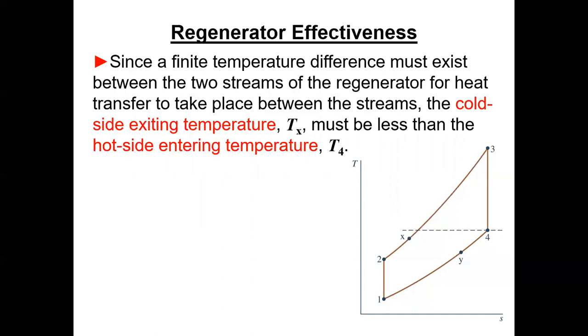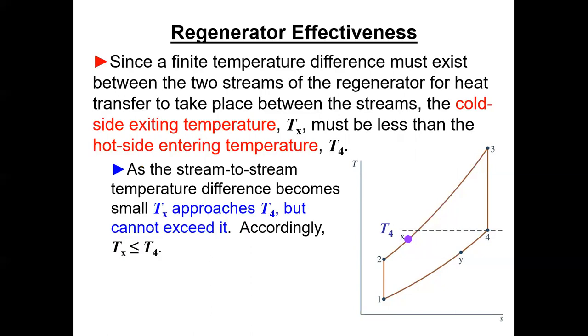If you had an infinite heat exchanger, TX could not get above T4. It's impossible, and it's not going to really get to it for any sort of finite device. But that's the theoretical limit.